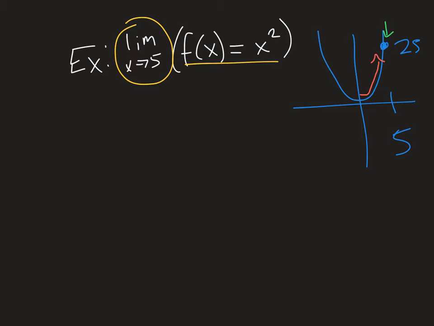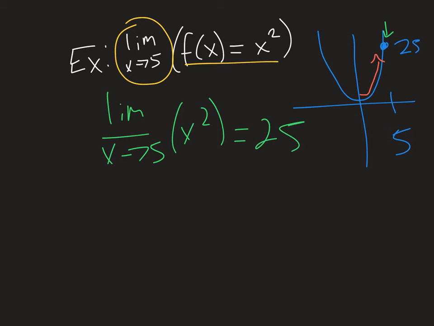And in this case, since it's a continuous function at that value, we would say this limit, as x approaches 5, of x squared is equal to 25. They're both approaching that way because we look at it from the positive and negative side, it's both 25. This one makes sense because it's a continuous function.